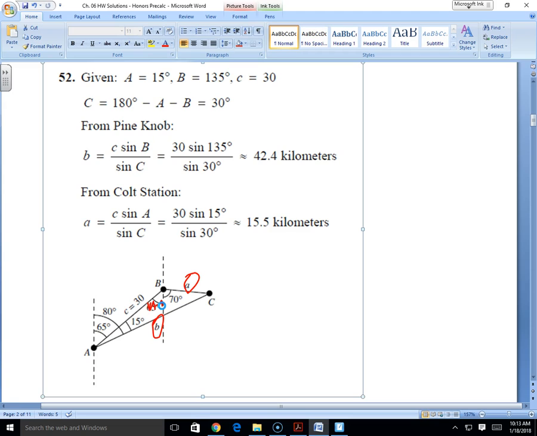Okay. So we can go ahead and do sine of 15 degrees all over A. Is that 90 degrees? I'm messing up. It doesn't show 90 at all, does it?